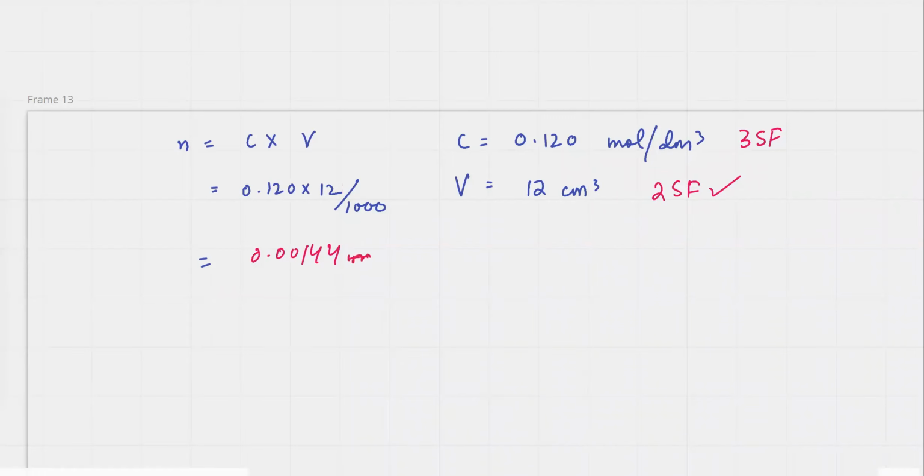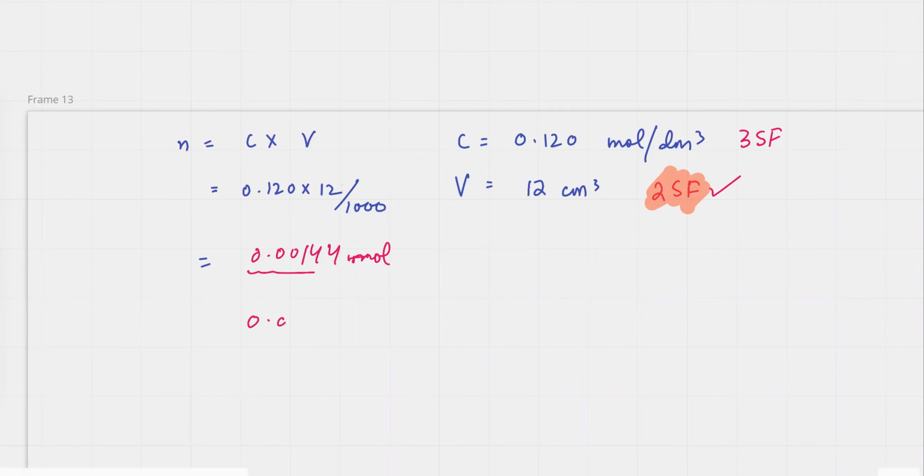But since one of the values was accurate up till two significant figures, that would indicate that your answer cannot be more accurate than that. It can't be more accurate than the original value. So you would have to round it off till two significant figures.